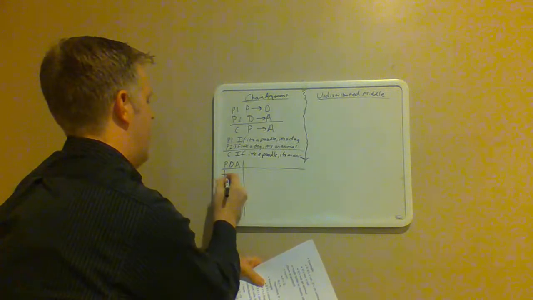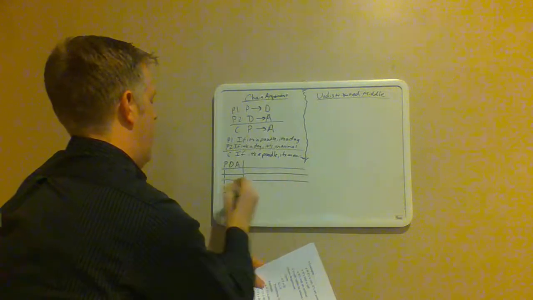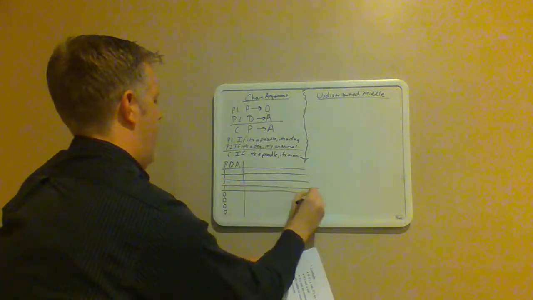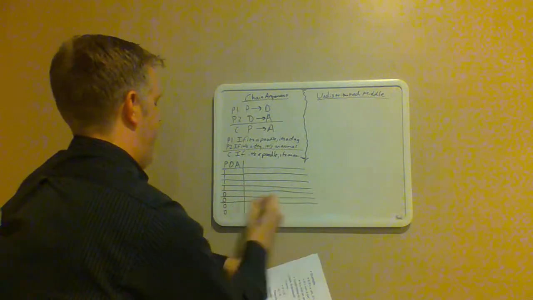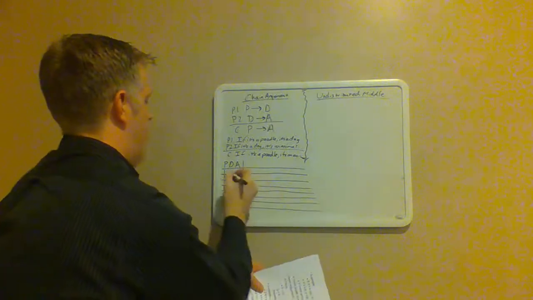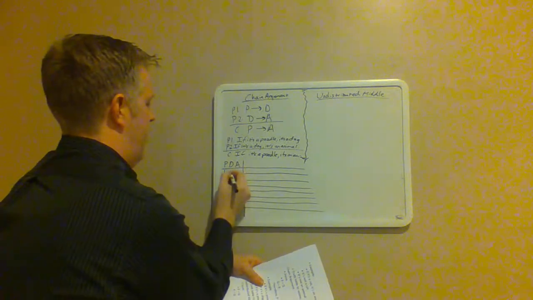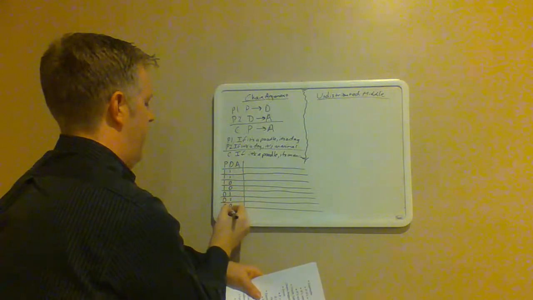So I want to stay neat here. I'm going to go ahead and draw lines over. The next one over is half what we did on the left, so true, true, false, false, true, true, false, false.